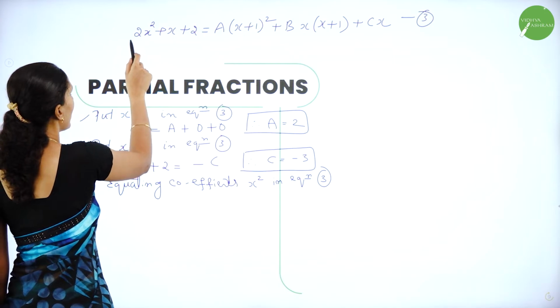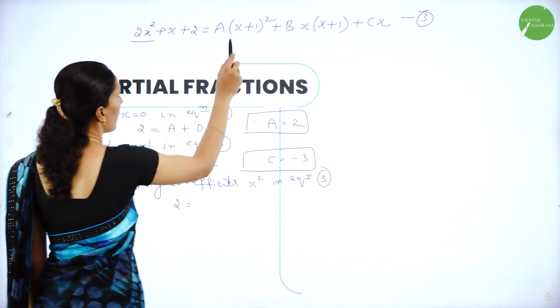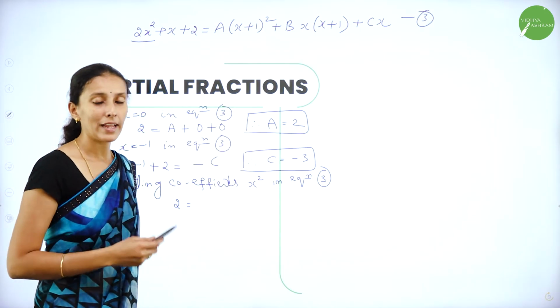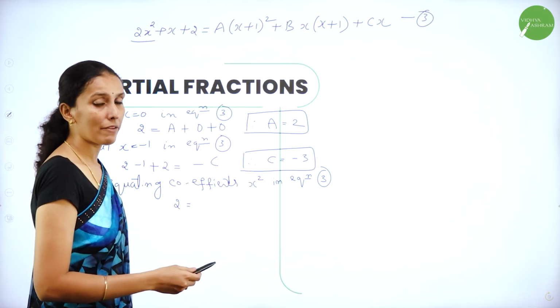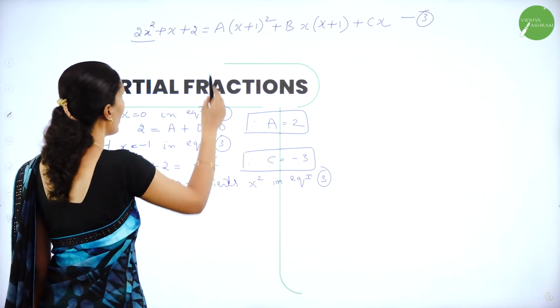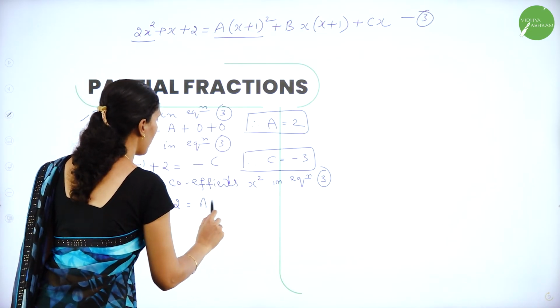You have x square term here and its coefficient is 2. Now x plus 1 whole square means it is x square plus x plus 1. So when you multiply with a, you will get ax square. So here you have a coefficient for x square, that is a.